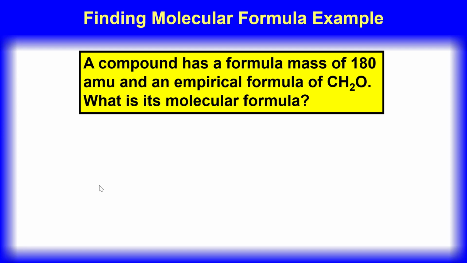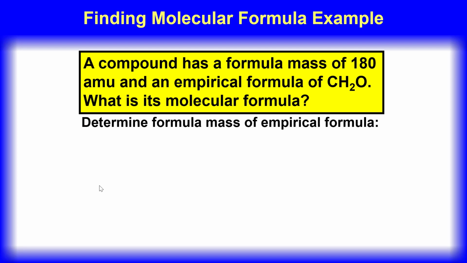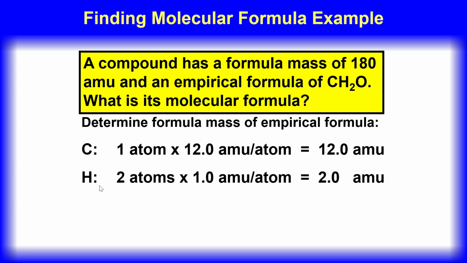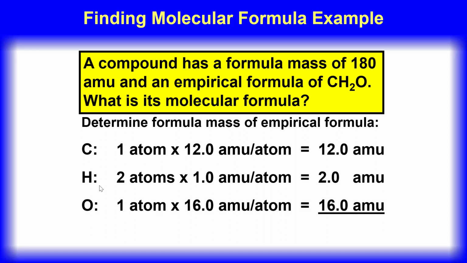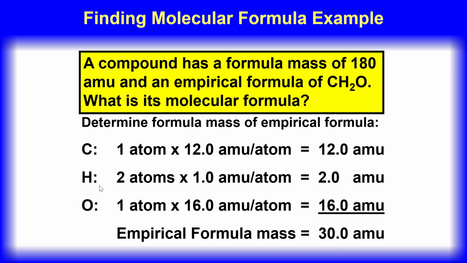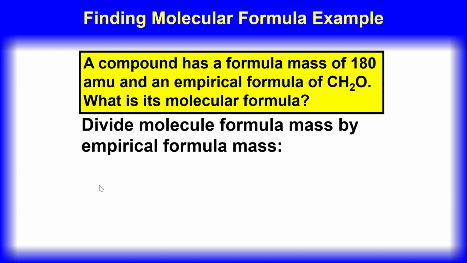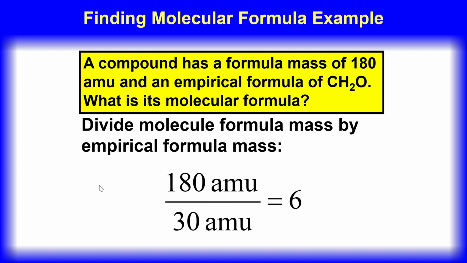Well, let's find the mass of this empirical formula. And we see that take 1 of carbon, 2 of hydrogen, 1 of oxygen. We find that it's 30. How many more times is 180 compared to 30? We find that it's 6.